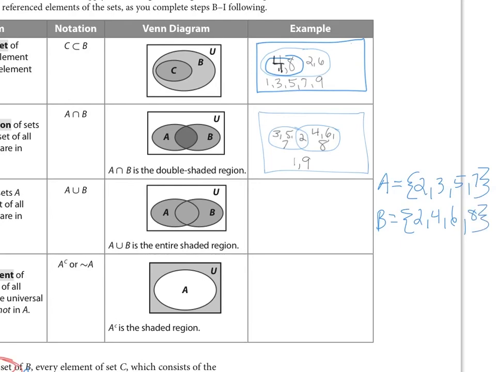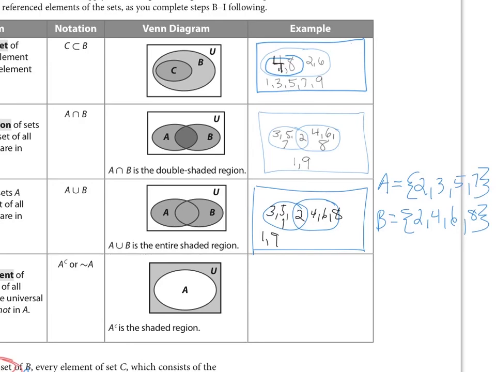So when we do the Venn diagram here for A union B, we have our overlapping circles, and they are still going to have that 2 in the middle. But we're still going to have all of A in A, so 3, 5, and 7, and 4, 6, and 8 are used in circle B. And we still have our outside numbers 1 and 9.